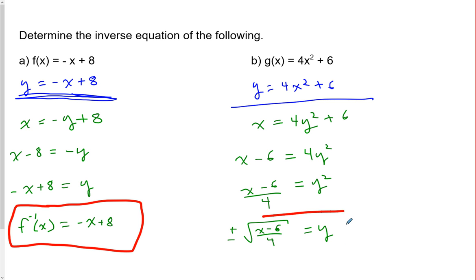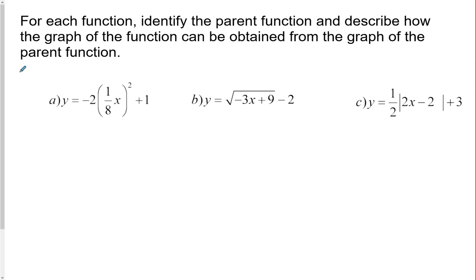You might have said, hey, Mr. Roy, can I divide the x by 4 and the negative 6 by 4 and write it so it looks a little more like slope and y-intercept format? And I would say, sure, that's not wrong, but that's not going to make this any clearer or neater, so it's probably best to just leave it like it is. Okay, awesome. So we determine the inverse equation for those.